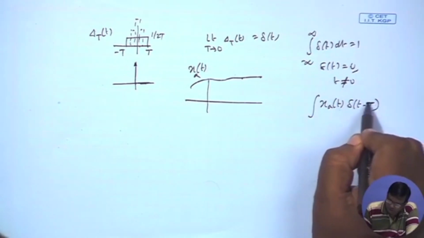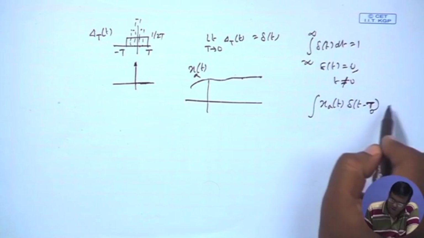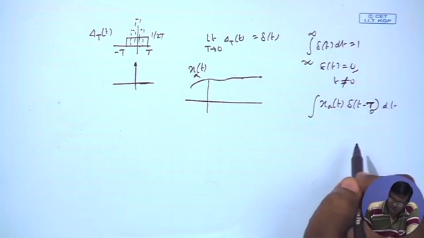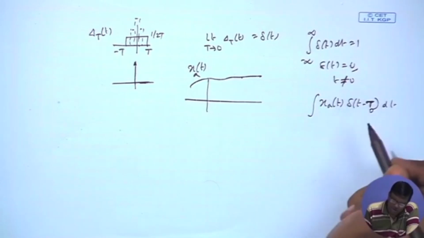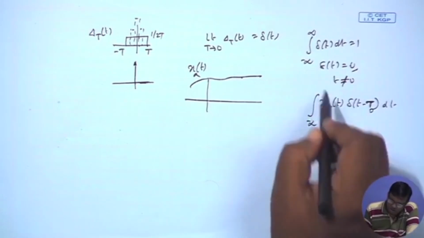It will be x_a(t) delta(t minus t naught) dt, or instead of t it could be tau, any variable. What will this be?